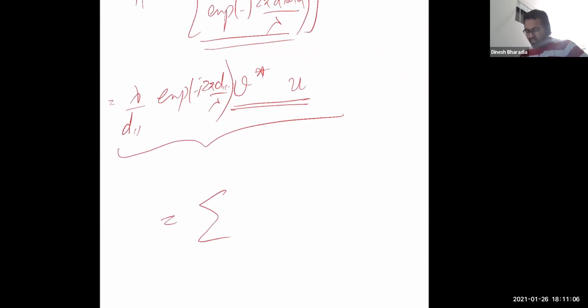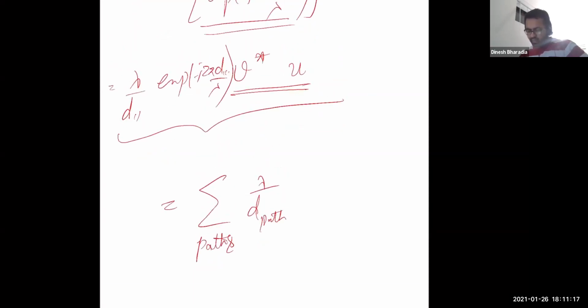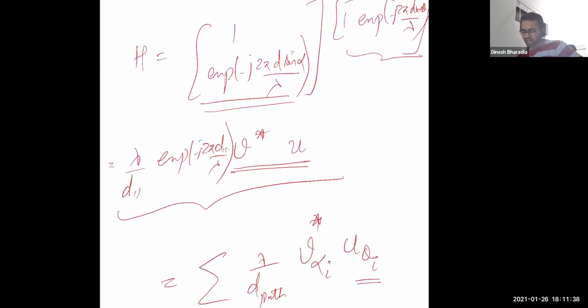Similarly, you can sum over all paths: lambda over d of each path, and the same thing, you can have u of theta i and v of alpha i, over all paths. So for each path, theta is the angle of departure, how the signal departed from the transmitter.